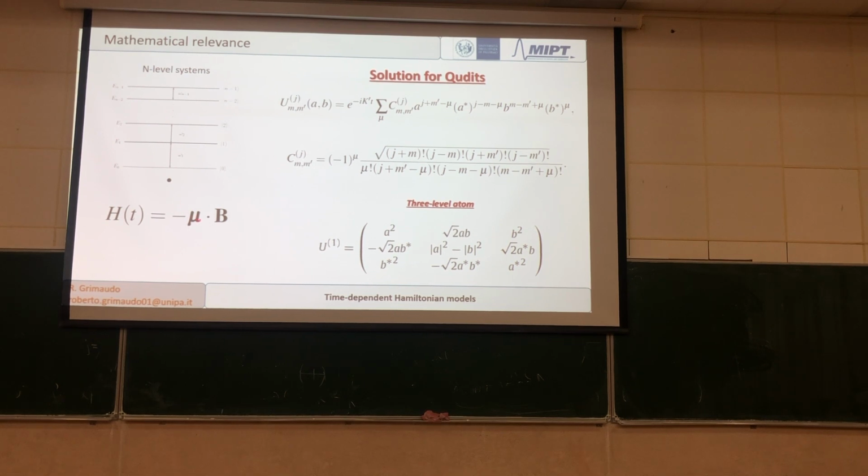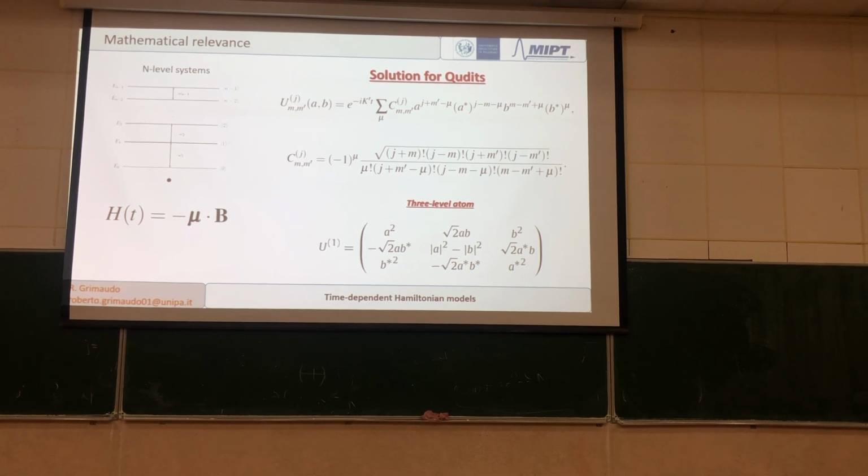Here we now have the spin j angular momentum operators. But what is interesting is that this dynamical problem, which is much more complicated than the previous one, the two-level system, has a time evolution operator that, as you can see above, can be expressed in terms of A and B, which are the two parameters we had before.